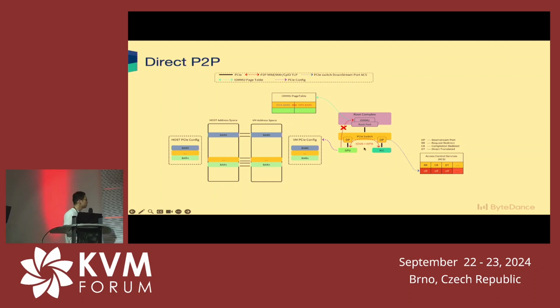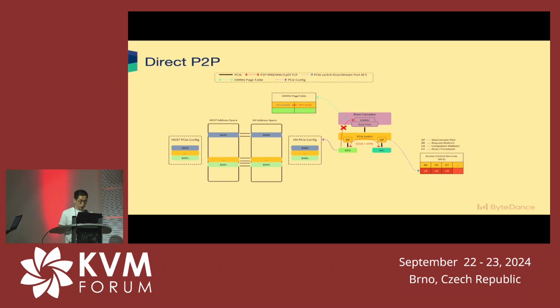And another thing we need to do is disable all the ACS control bits. So now the switch will not redirect the read or write TLP and read completion TLP. It will route all the TLPs based on the address of the TLP directly, regardless of whether it's HPA or LVA.